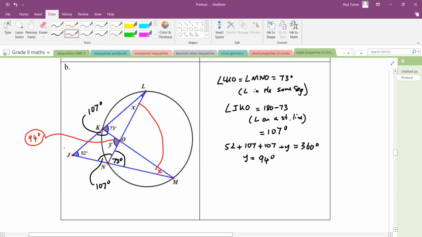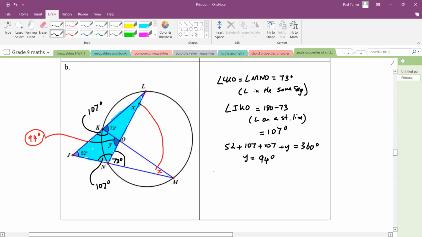Okay, so now we can actually calculate X, because if you see this as a triangle, there's a couple of ways to do it, but I'll just use this triangle here. So we see there's a triangle here. You can also use this LKO triangle as well to do it. But we want to find X. But we already know two of the angles.